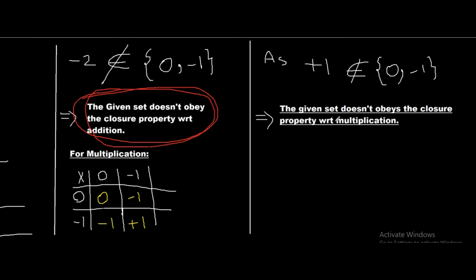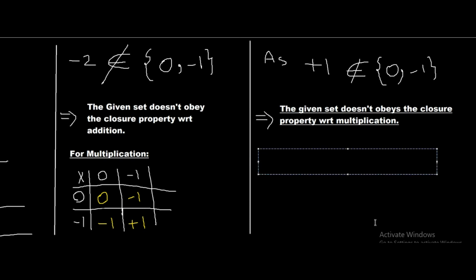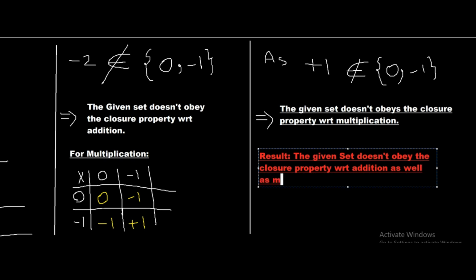Hence we can write the result. What is that result? Let's see. The given set does not obey the closure property with respect to addition as well as multiplication.